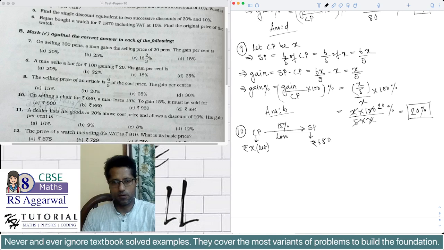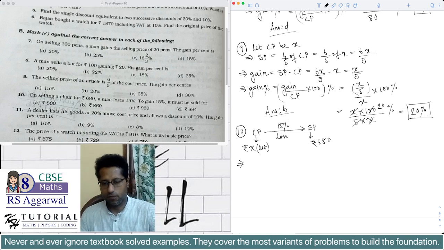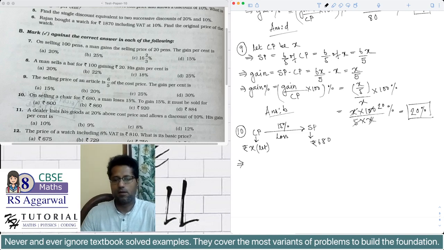Now from this scenario, we have to first find the cost price. We know that if there is a loss of 15%, then obviously the selling price will be equal to 15% less than CP.